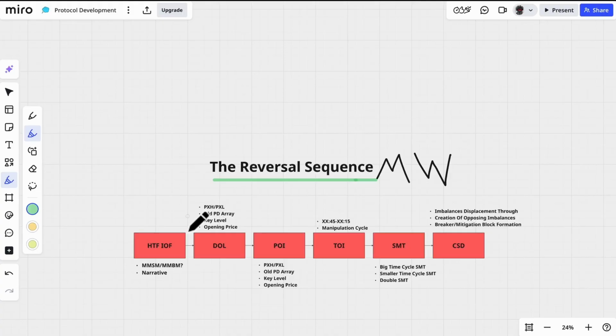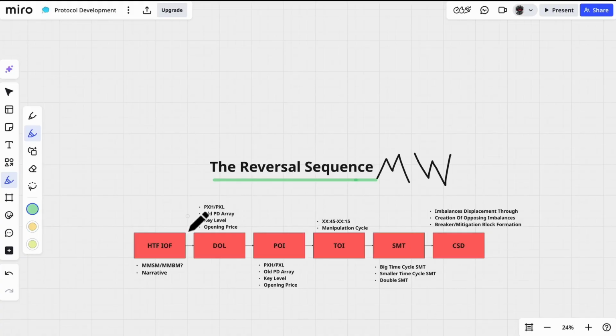So we're speaking about monthly openings, then we're speaking about quarterly openings, yearly openings, etc. Because once you start paying attention to those bigger time cycle opening prices, you're able to have a premium and discount filter, where above the specific opening, you're going to be looking for shorting opportunities if price is range bound, and below that open, we are going to be looking for buying opportunities if price is range bound, or if we're going to trend, where manipulation is taking place. Manipulation below the opening price forms a swing low, and then expands towards the upside.